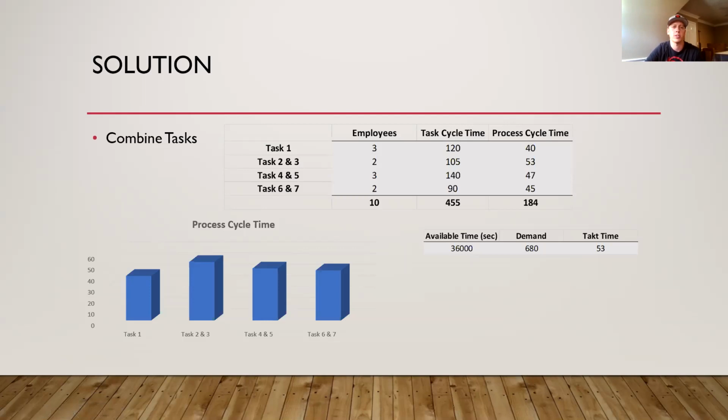Now, one thing that we also discussed in this course is there's a big problem that's currently taking place within task number 5, which is placing the sandwich in the toaster, right? That task has an allotted task cycle time of 165 seconds, where 145 of that, during the time that the sandwich is being toasted, employees are essentially lollygagging around, standing around, distracting other employees, and not utilizing that time productively.